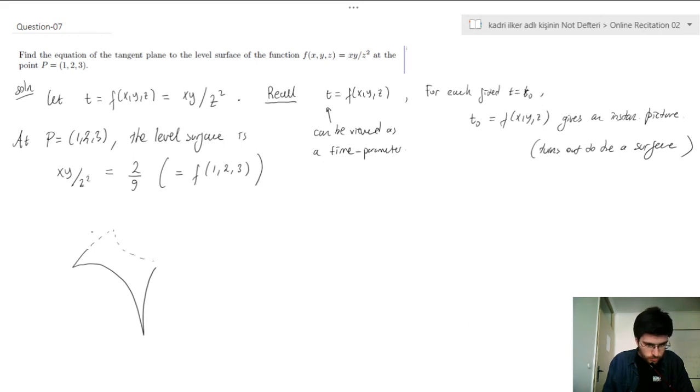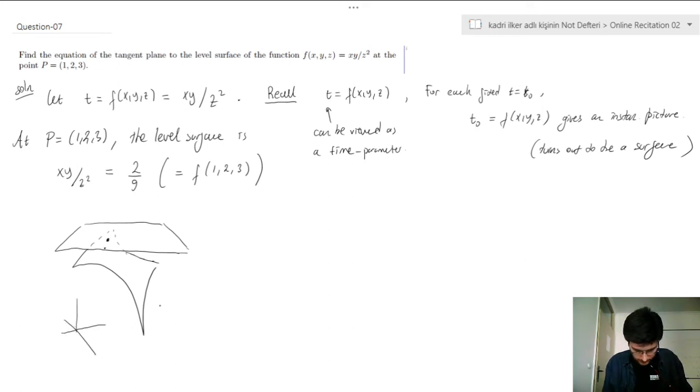So this is exactly a certain tangent plane over here. For instance, at this point, we have the xyz planes. This is exactly xy divided by z squared equals 2/9, this surface, right?